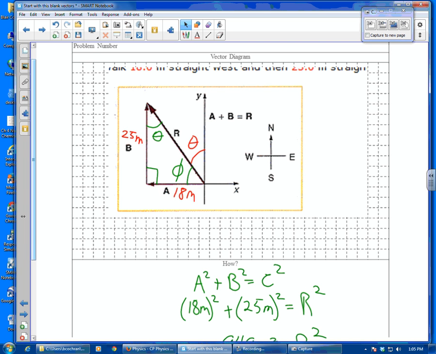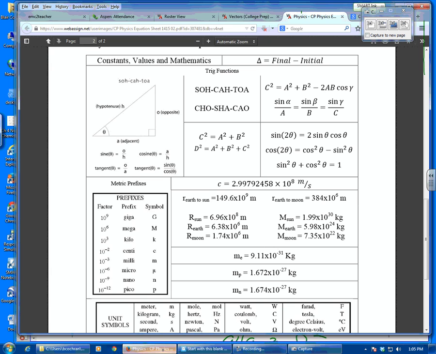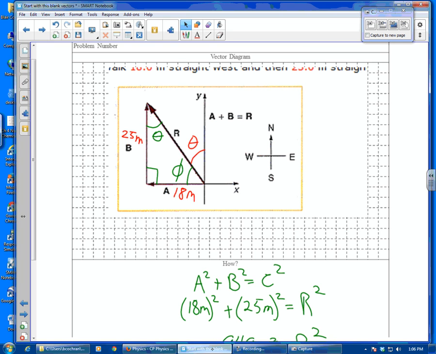One's next to it, and one's across from it. And then I go and I look at my equation sheet and say, do I have any relationship that relates the angle to the side opposite it to the side adjacent to it? And tangent relates the angle theta to the side opposite it to the side adjacent to it. All right? So I'm looking at what I have and trying to figure out how can I get what I want.